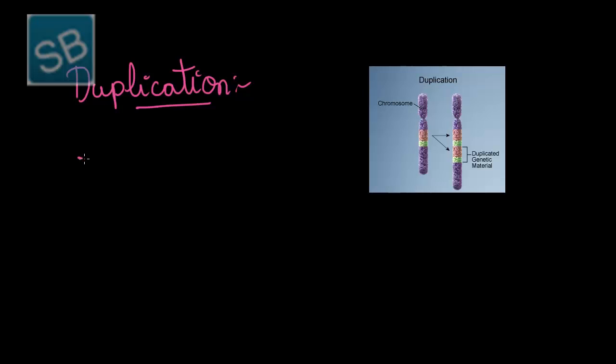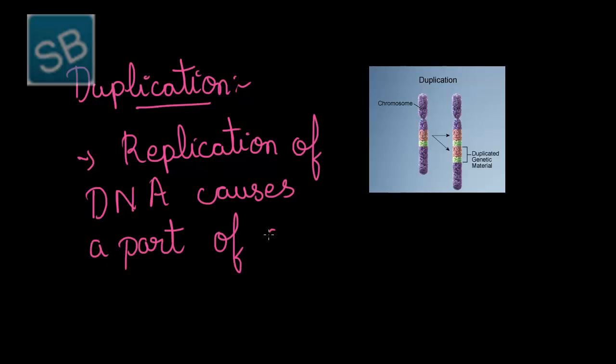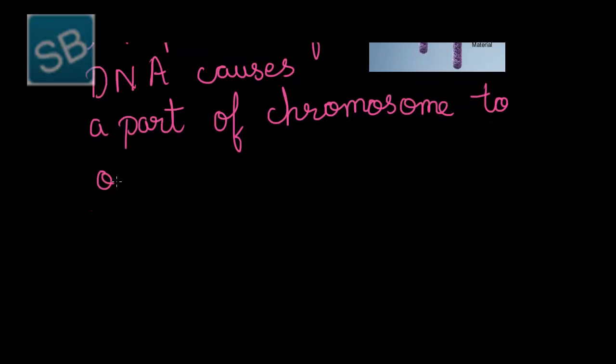That is due to the replication of DNA, which causes a part of chromosome to occur twice. That is, we can say that it gets duplicated.